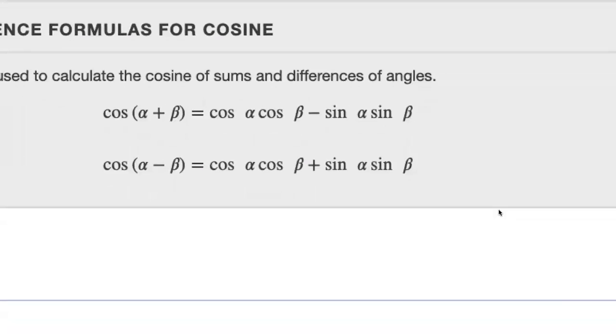And so just like we did earlier with the sum formula for sine, we can condense both of these equations into a single one, okay? And when we condense them, we really need to be careful about the plus and minuses. So when we're looking for a cosine sum, we actually end up subtracting on the other side, okay?